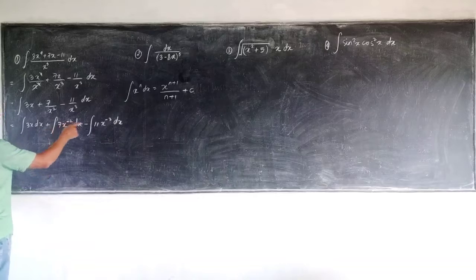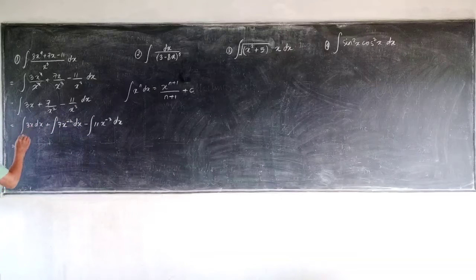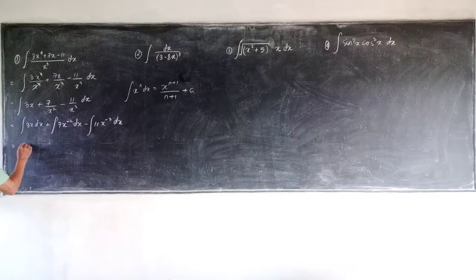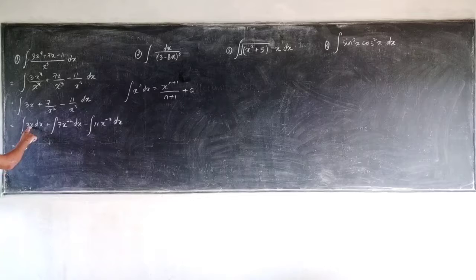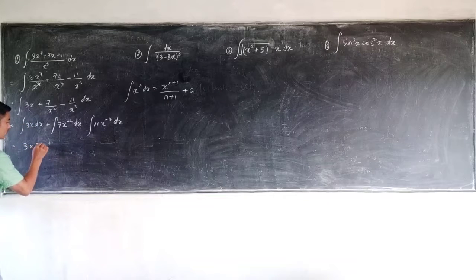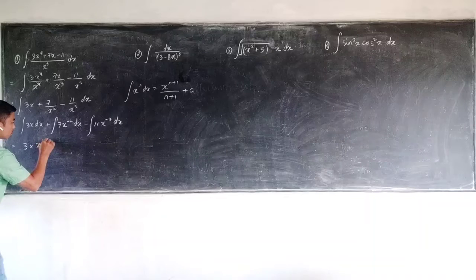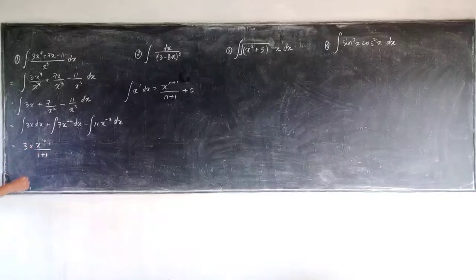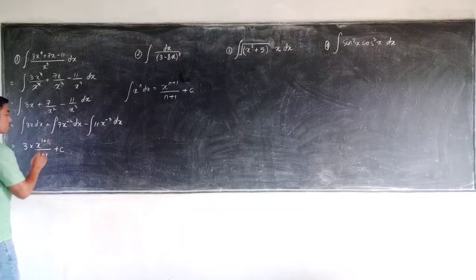So applying that formula to each of these terms, I'll get 3, which is a constant, so the constant comes out of the integral sign, and then I'll write 3 times the integral of x, which is x to the power 1. So simply I'll write x to the power 1 plus 1 divided by 1 plus 1, that is n plus 1, plus c.